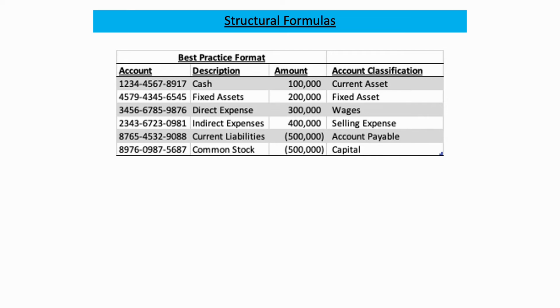In the last column, which says account classification, I have converted my source data into a table format and then added an extra column wherein I'm calling each account a certain classification. So I'm calling cash a current asset, fixed assets a fixed asset, direct expense wages, indirect expense selling expense, current liabilities account payable, and common stock capital.